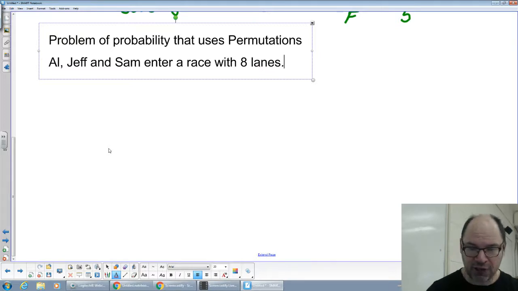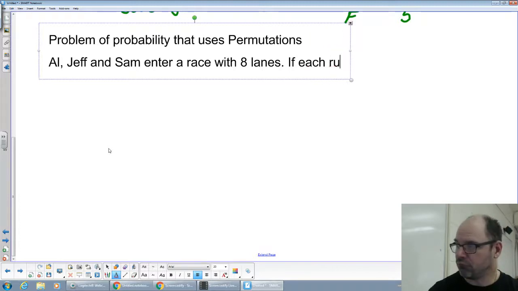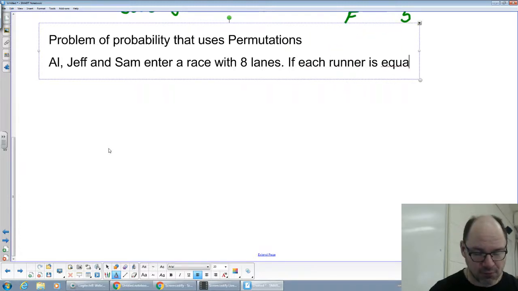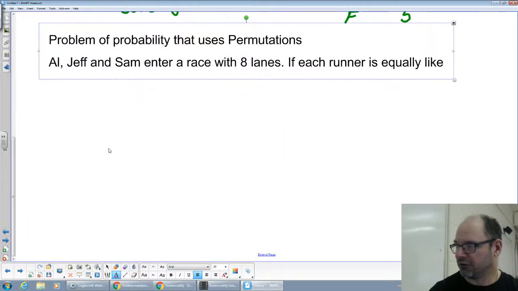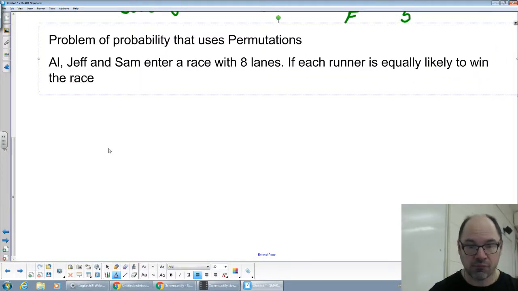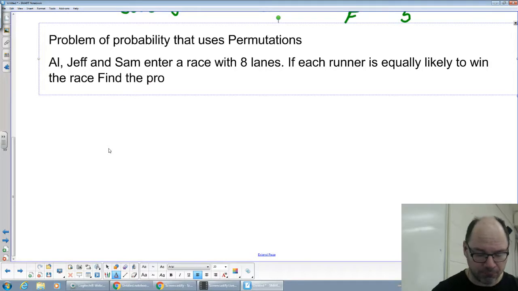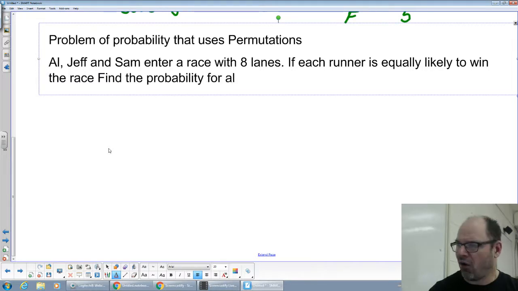If each boy is equally likely to win the race, if each runner, we'll say, is equally likely, not always the case, right, to win the race, find the probability for all 3 to be in the top 3 positions.